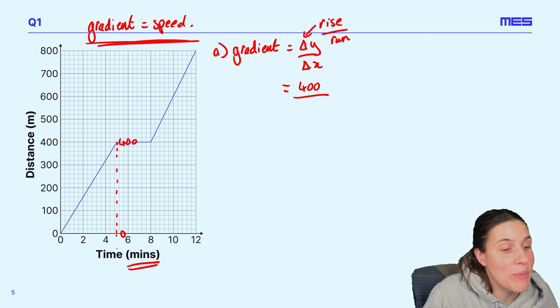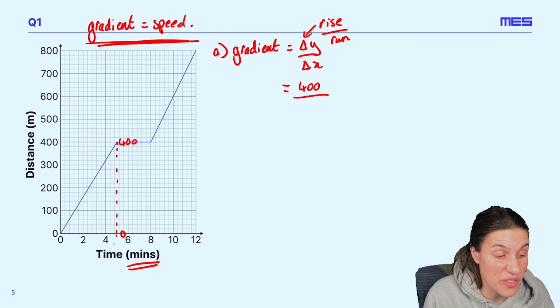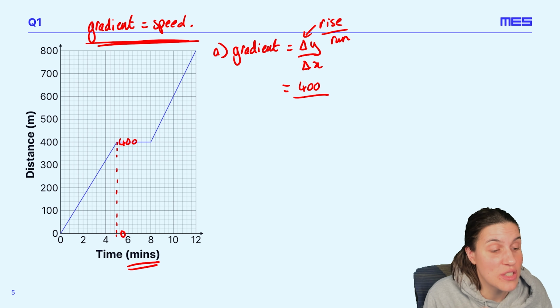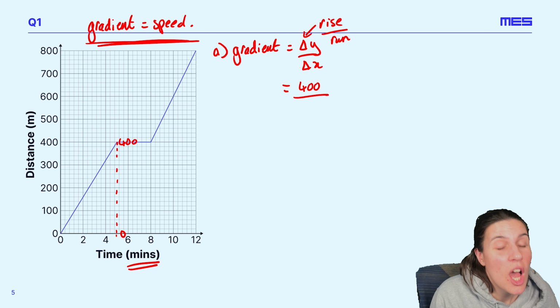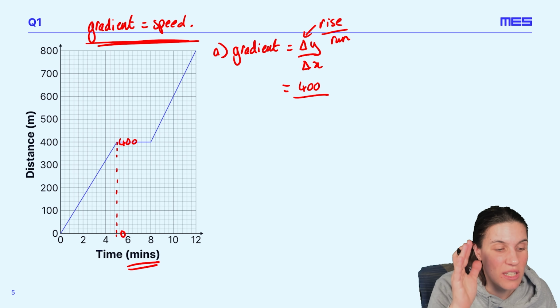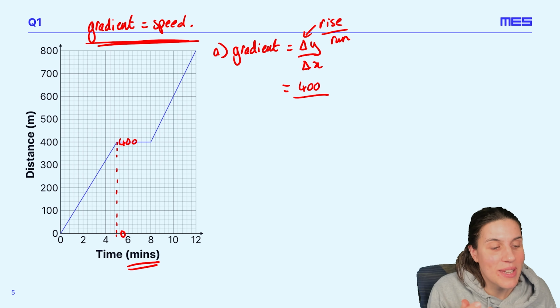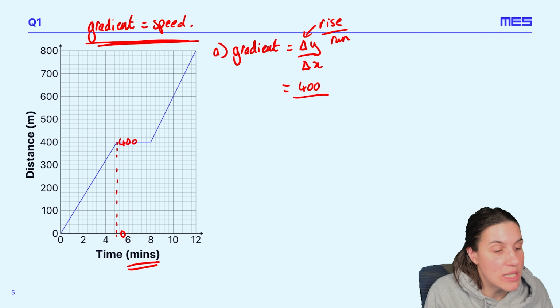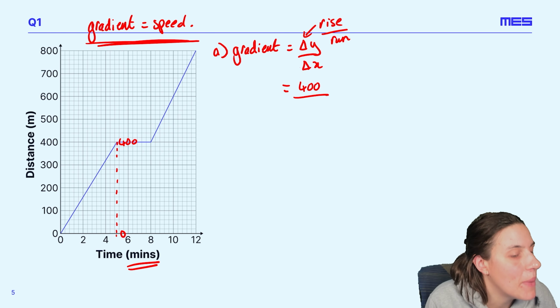Now I need to divide by my change in x, which actually I can tell from the question because I'm told it's in the first 5 minutes. So my change in x is going to be 5 minutes, but I'm actually not going to want to put 5 minutes into my calculation because then I'm going to get my speed in meters per minute, which I don't want. I want meters per second.